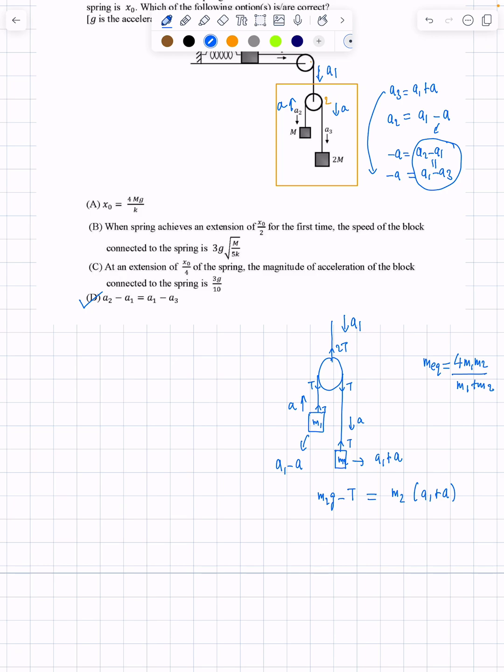For mass m1 it is m1g minus T equals m1 times (a1 minus a). And then basically I want to eliminate a from these two equations.